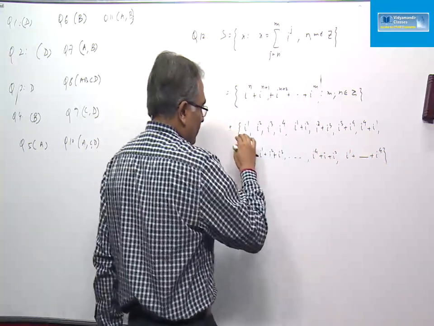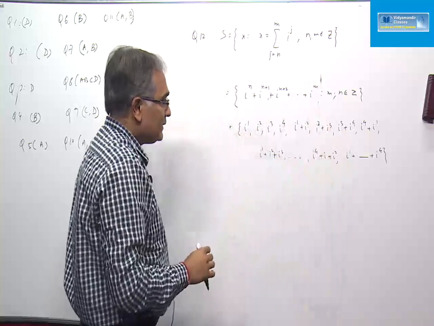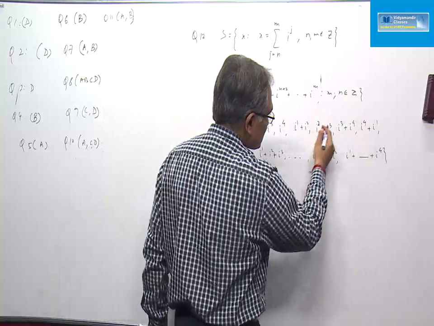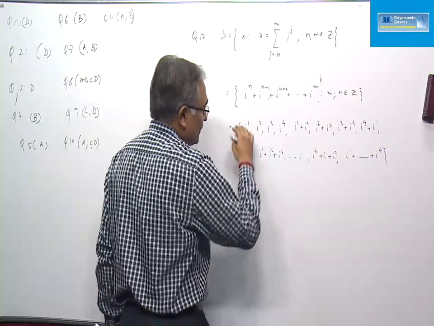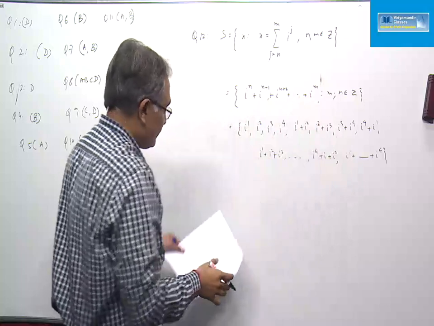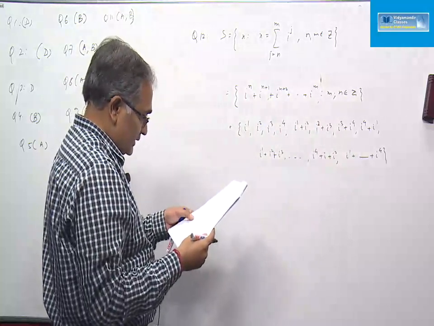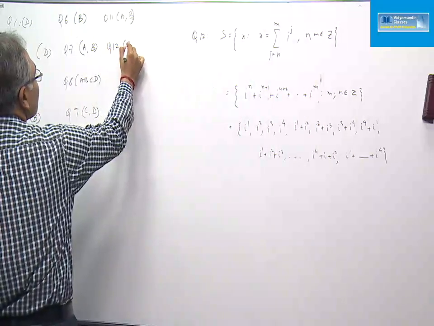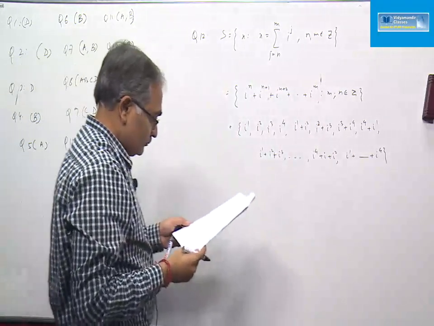Now, not all of them are distinct. Let's say this is iota plus iota minus 1, somewhere else there must be iota minus 1. But altogether, if you compute all these values, there are 9 different elements in this set, and that is your option B. Only single correct.